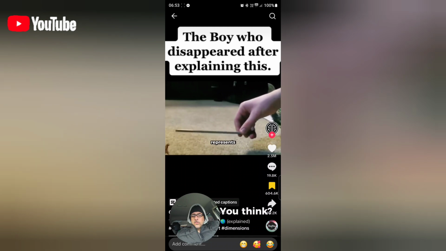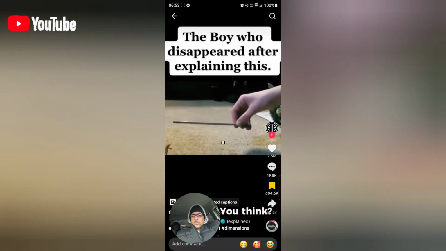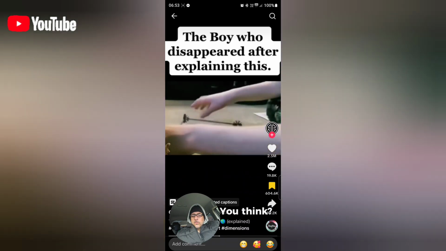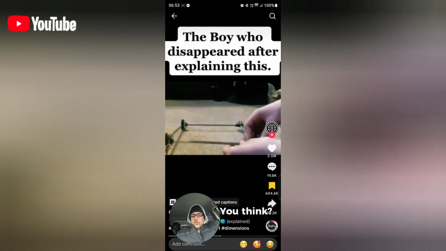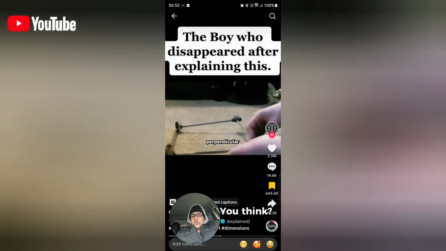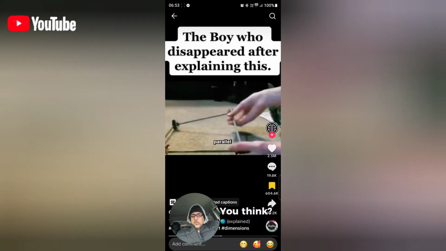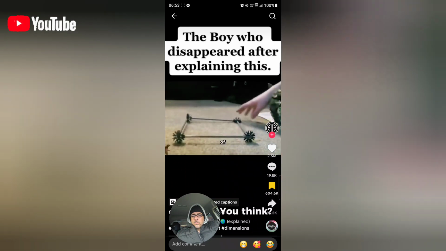Imagine that this connecting piece represents the first dimension. It's simply a straight line, which is basically what the first dimension looks like. And if you add three more of these straight lines and connect them so that adjacent sides are perpendicular and opposite sides are parallel, then you have the basic shape of the second dimension. You have a square.